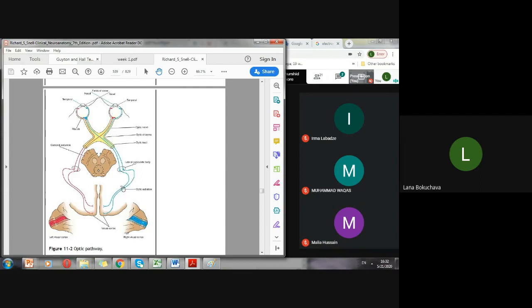The optic radiation enters the occipital region of the cortex, particularly Brodmann's area 17, as well as part of 18 there. So while it looks like it's not that difficult to remember.